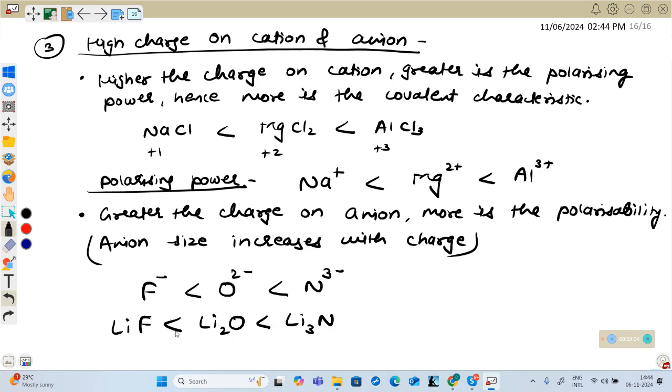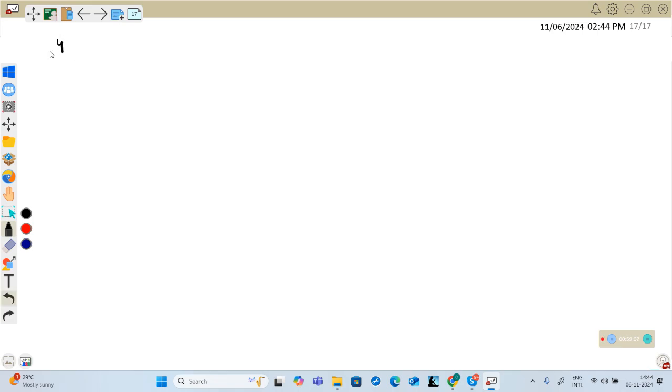Next is electronic configuration, which also affects the covalent characteristics in ionic compounds.